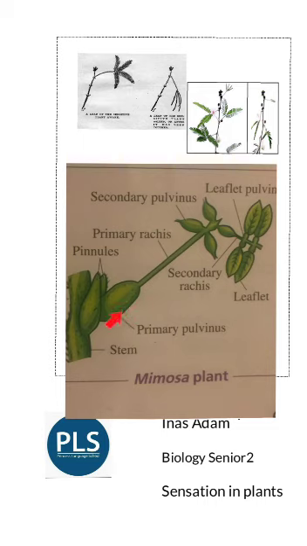So water diffuses from cells in the lower part to the neighboring cells. So this part will shrink and the plant falls downwards. And when the stimulus disappears, the cells regain their turgidity again, so the plant will go back to its normal position.